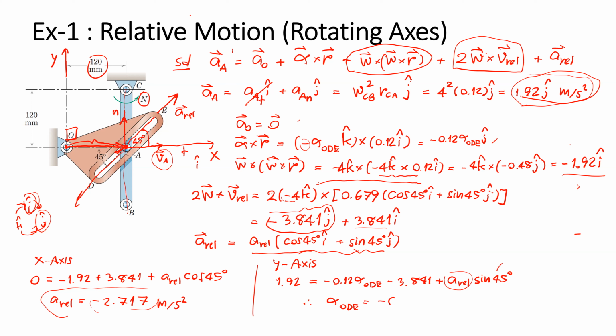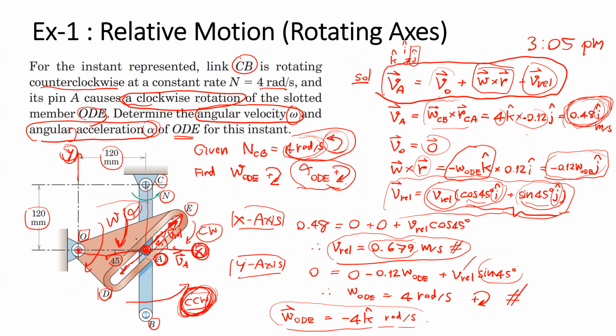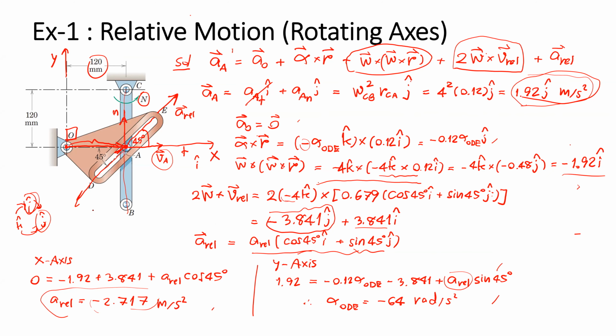For me, I have a negative value. You can cross-check the numbers for this step and this step. I have the negative one, which means, in our assumption, we assumed omega and alpha to be positive in the clockwise direction.